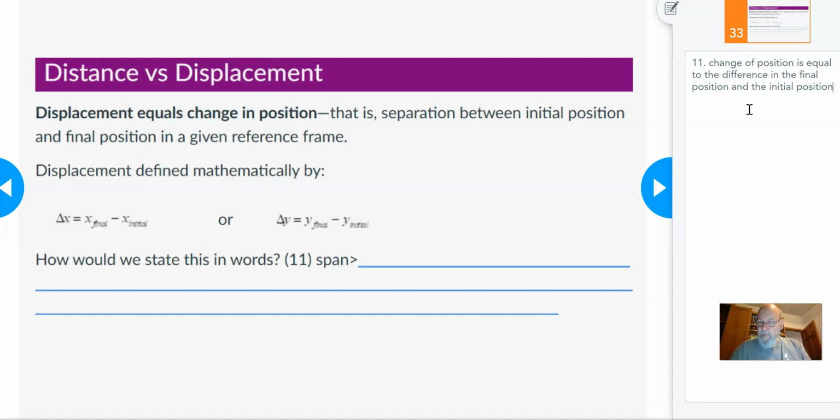So the difference, meaning the negative sign or the subtraction, that's what a difference is, right? It's a subtraction. So the difference in the final position and the initial position. That's how we're going to state that.